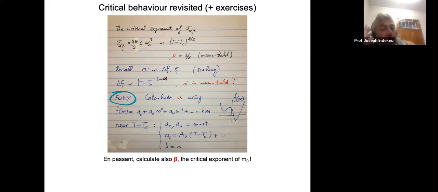And once you have the equilibrium value for m, once you have obtained m0, so to speak, you can insert it in f and then obtain also the delta f, which is the contribution that f has relative to the critical point contribution. So that will teach you what is this 2 minus alpha.